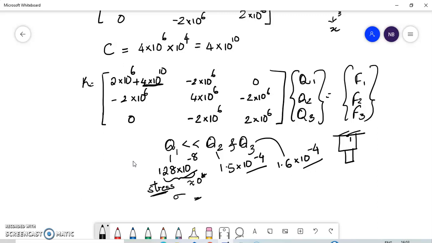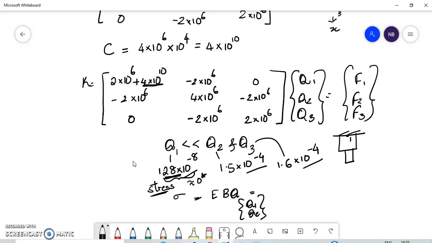The formula for sigma would be something like E, B and Q. So you substitute for E, B and Q will be Q1, Q2, and so on. You have to substitute whatever small value you are getting in the formula for the stress. That's all about the penalty approach.